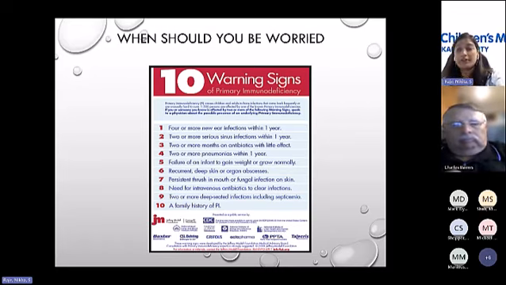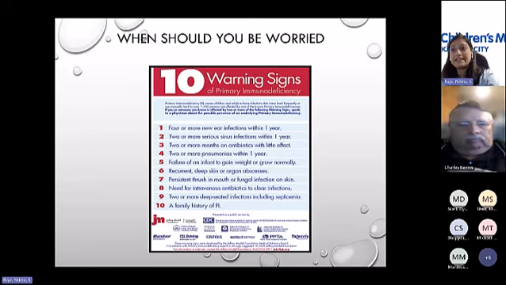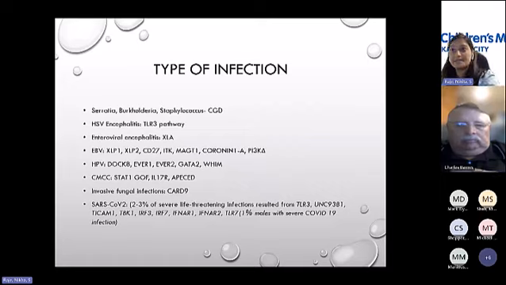So whether that's recurrent infections in the form of 4 or more ear infections or 2 or more serious sinus infections, pneumonias, whether there is presence of family history, opportunistic infections, infections that need IV antibiotics, or deep-seated infections, all of those can be warning signs.